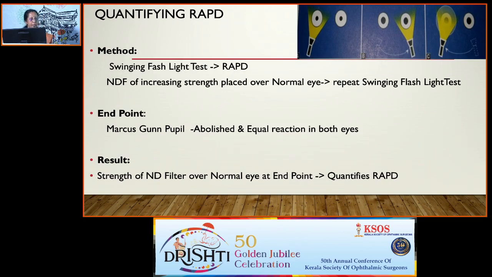The swinging flashlight test is done to demonstrate RAPD, and neutral density filters of increasing strength are placed over the normal eye, and you repeat the swinging flashlight test. The end point is when the Marcus Gunn pupil disappears and there is equal reaction in both eyes. The strength of the neutral density filter over the normal eye at the end point quantifies the amount of RAPD.